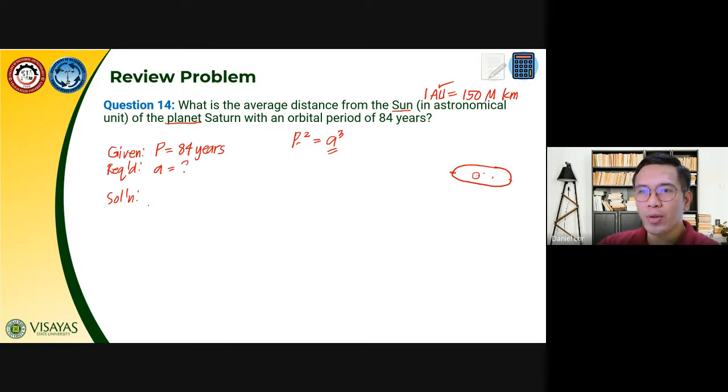For your solution, you have to write all of the equations that you will be using. In our case, we have P squared is equal to A cubed. What is asked is A, so we can rewrite this as A is equal to the cube root of P squared, by getting the cube root of both sides of the equation.